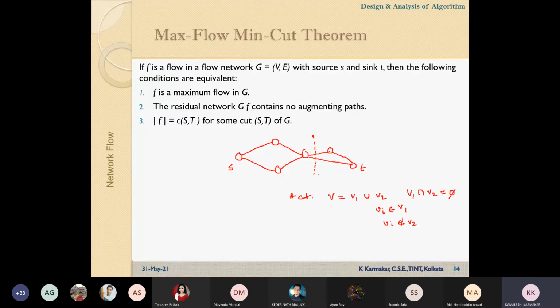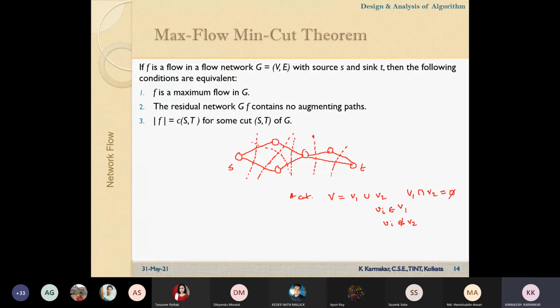A cut can be like this. Another cut can be like this one. One cut can be like this. It can be another cut.